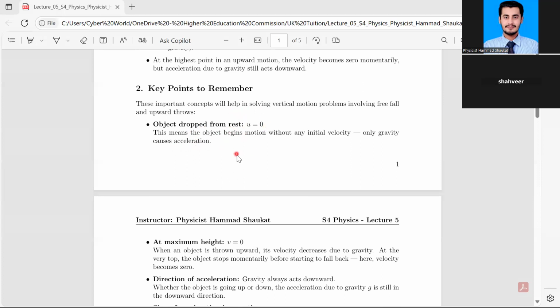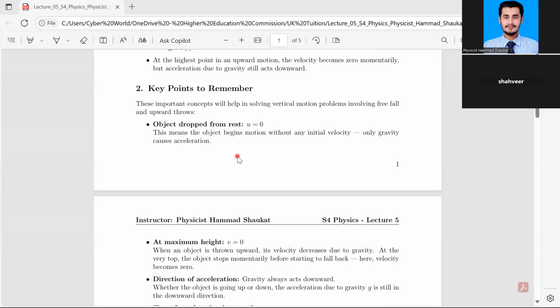So this means your object is in motion without any initial velocity. Only gravity accelerates it. An example in front of you: pick up a ball in one hand and move that ball upward, and the ball in your hand has initial velocity.